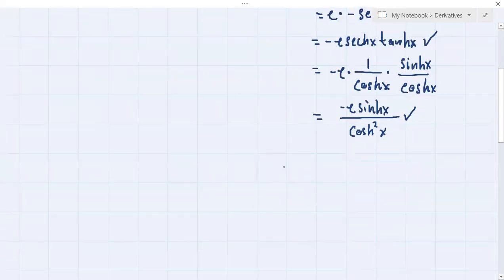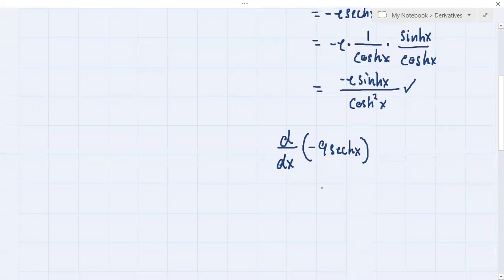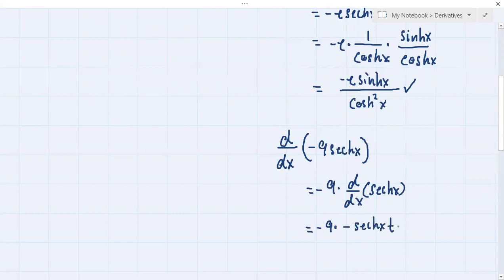Alright? Now, let's have another example. Let's just say meron tayong negative 9 times secant hx. Okay? So, we have a constant negative 9. So, we will get the derivative yung katabi niya, which is the secant hx. So, once again, anong derivative ni secant hx? So, this would be negative secant hx times tangent hx. So, kunin natin yung answer nito, you will have positive 9 times secant hx times tangent hx.